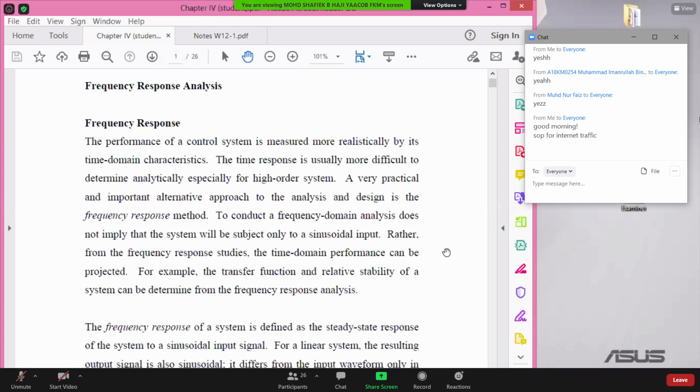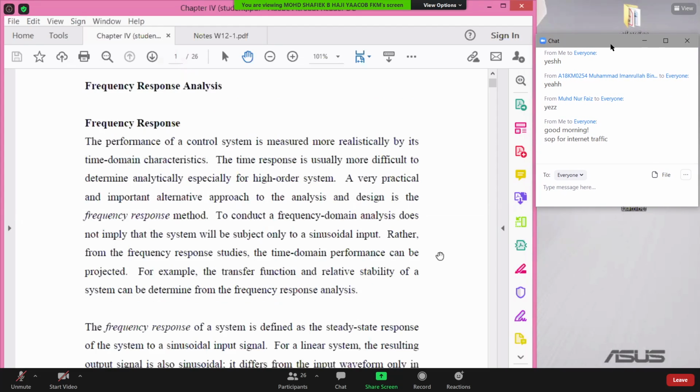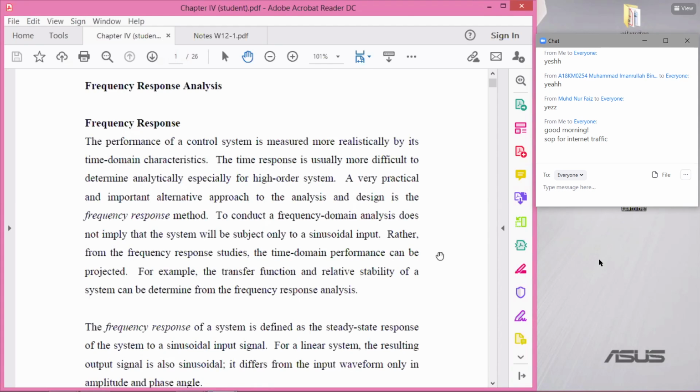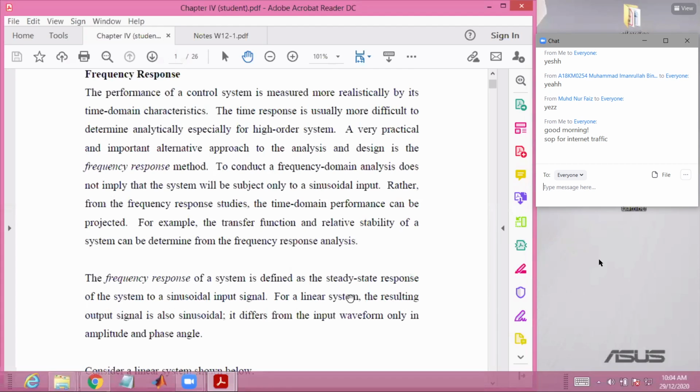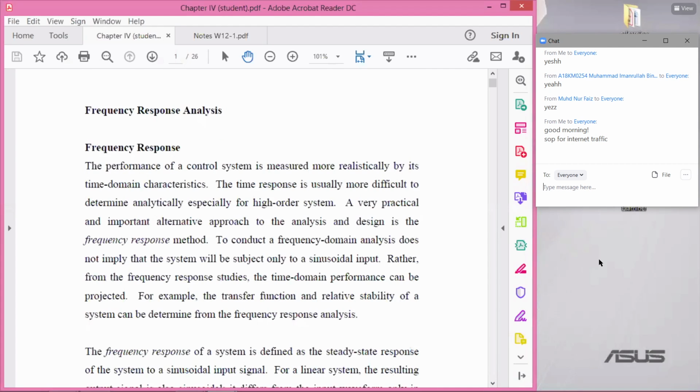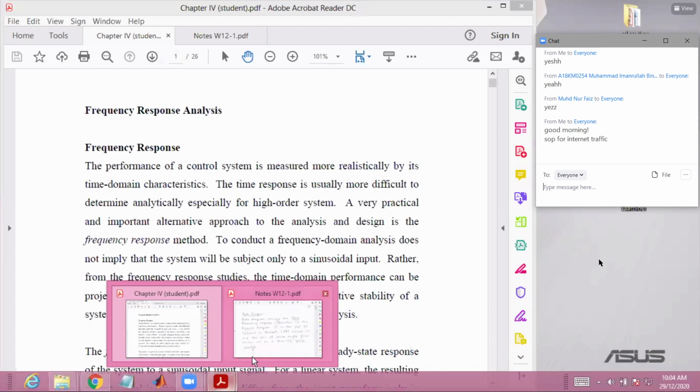It looks like probably the jinx that we have to face for 2020. Yeah, I guess this is SOP for internet traffic as well. It's rather slow. All right, but never mind. Okay, so we can continue our discussion as usual.